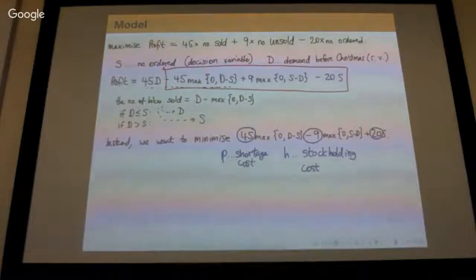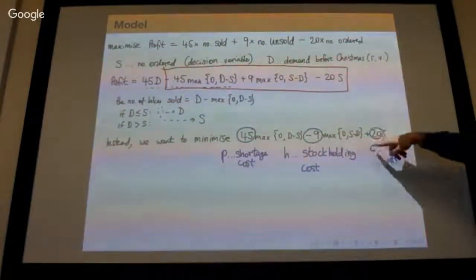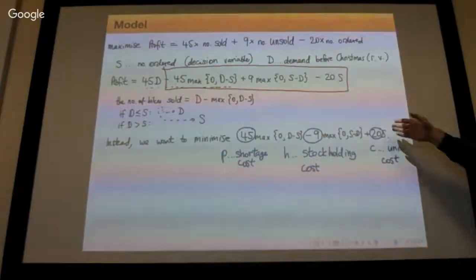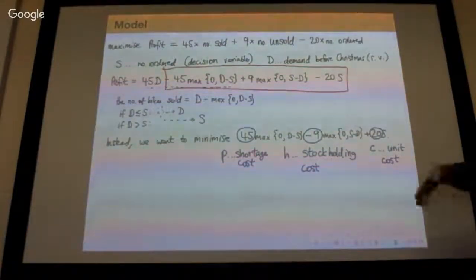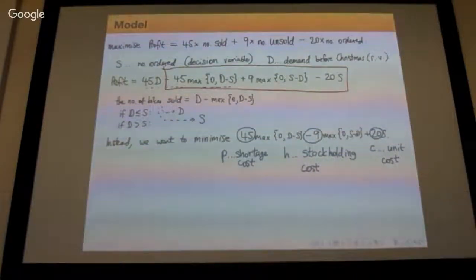And this 20 is going to be C, which is the unit cost. So the exercise of turning that profit into this cost is making it more like the other models that we had, where we're trying to minimize cost based on the holding and shortage. Okay.